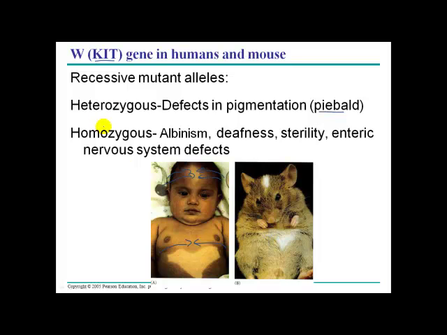If you're homozygous for that recessive mutant allele, you actually have much more severe pigmentation problems, so you do show the albinism that would be more similar to the dominant allele that we see in cats, deafness as well as sterility, and defects in the enteric nervous system, which is the nervous system that is regulating the gastrointestinal tract and its function. So those individuals have various defects with the ability to digest and absorb nutrients across that GI tract.